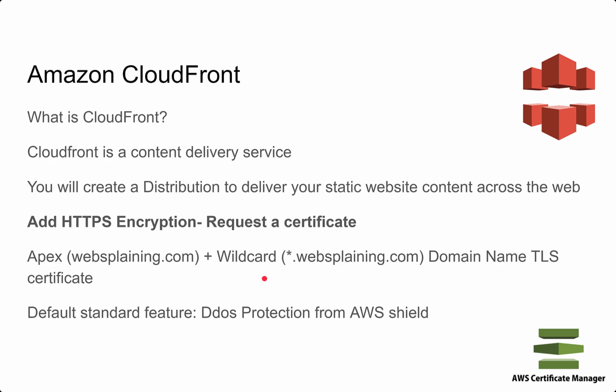We'll also be creating a certificate for a wildcard domain name, and that's anything before our Apex domain name. So it can be www.websplaining.com or it can be contact.websplaining.com, whatever subdomain you desire. And also by default, and a standard feature of Amazon CloudFront is DDoS protection from AWS Shield. Let's move on to the next slide.